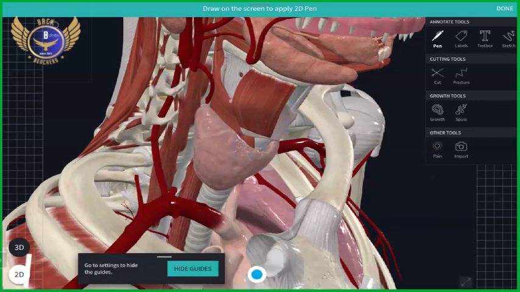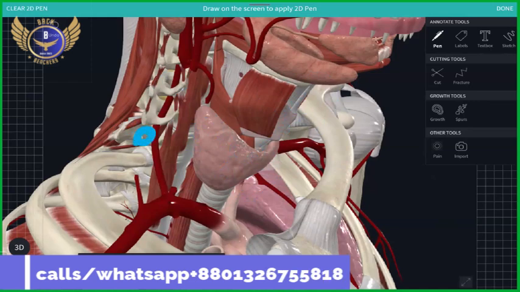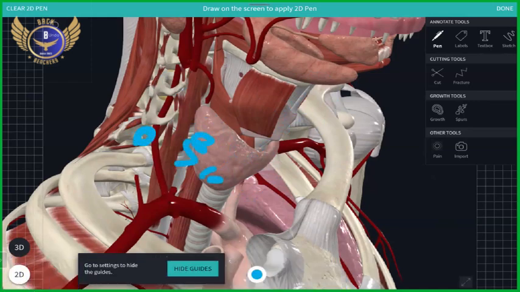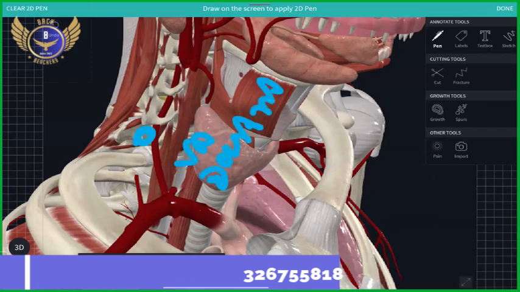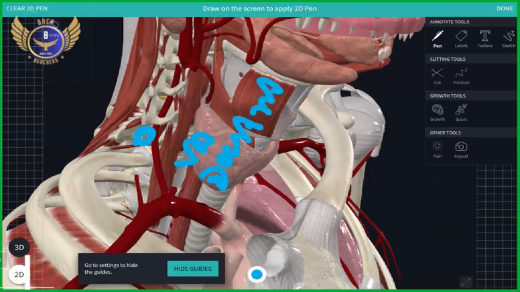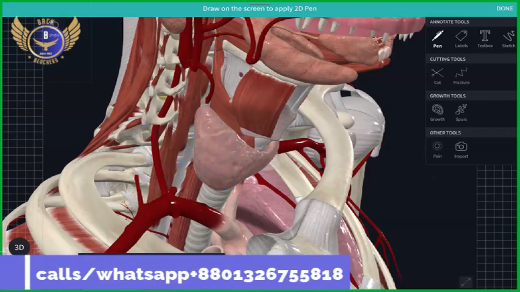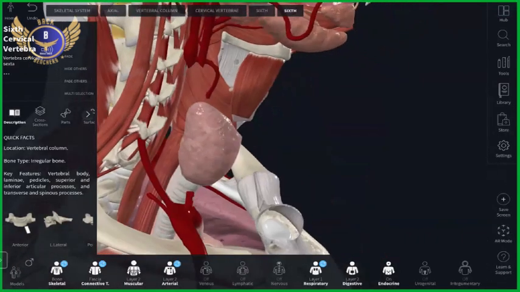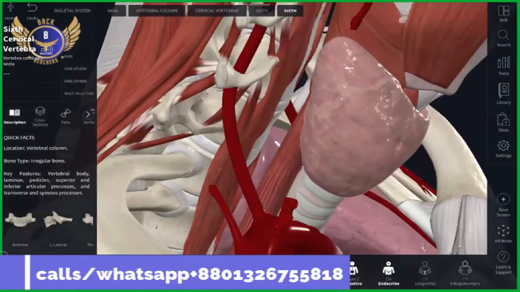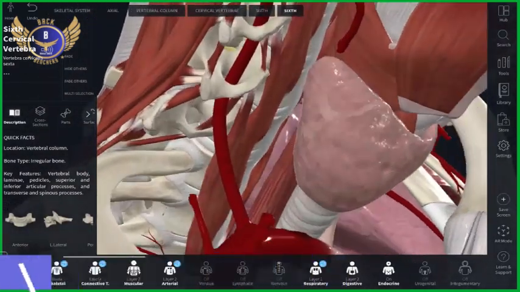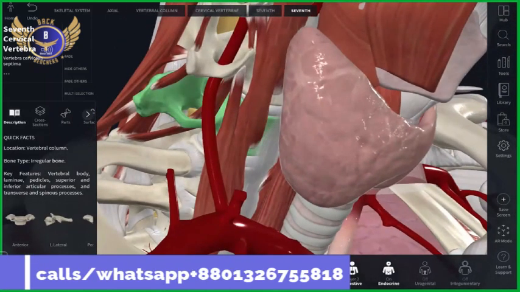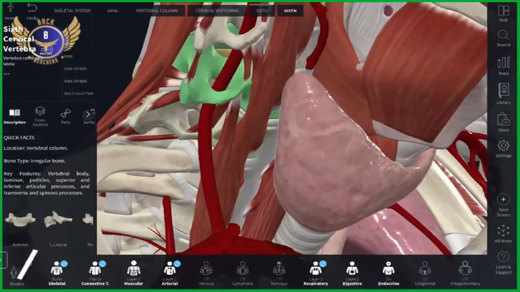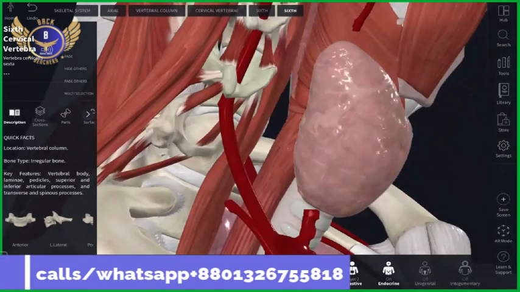Guys, remember, C7 has a foramen, but the vertebral artery does not enter that foramen. That foramen is a blank foramen. See very carefully, there is no vertebral artery inside the foramen transversarium of C7. Okay, C7, and it enters at C6.